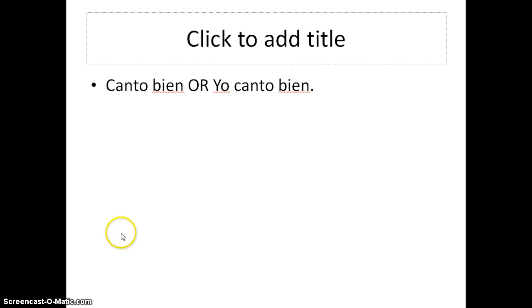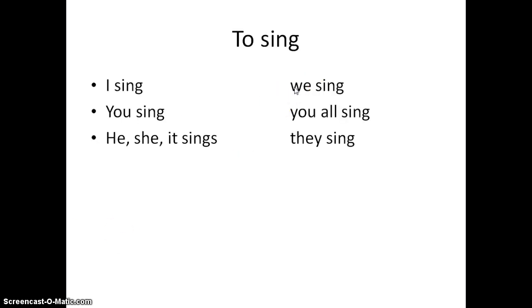There's a crucial difference between English and Spanish when it comes to verbs. You ready? Conjugate a verb from its infinitive form in English, to sing, and notice something. You put your subject pronoun in front, and in most cases when you conjugate the verb, it doesn't change. Sing, sing, you do add an s on this one, sings, he sings, but these are all the same.